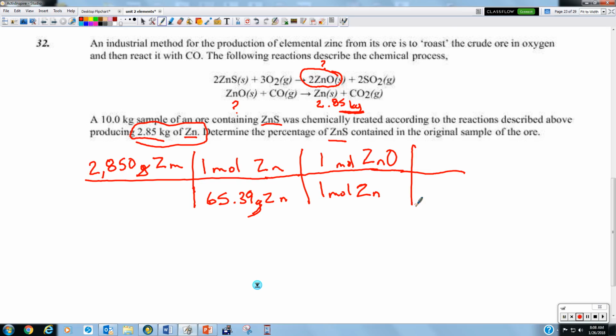Technically, that cancels out in the reaction. You don't really have to do the multiplication there, but I like to show it just to make sure. Now that we're in zinc oxide, we can go from zinc oxide to zinc sulfide. For every 2 moles of zinc oxide, how many moles of zinc sulfide are there?